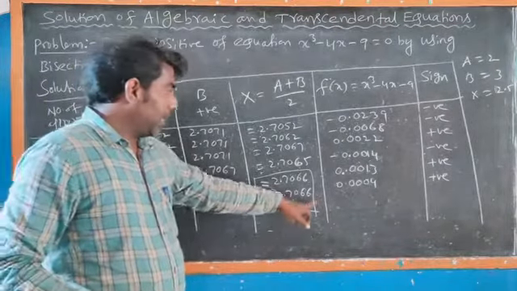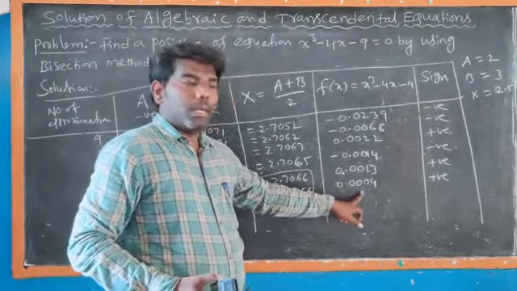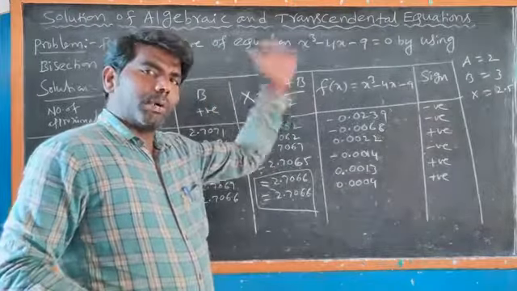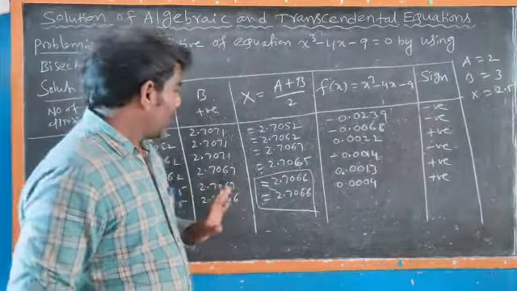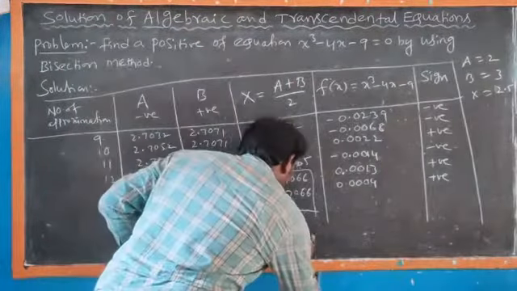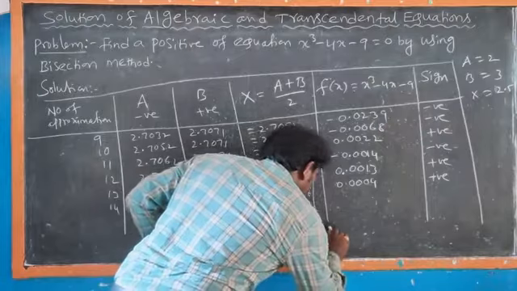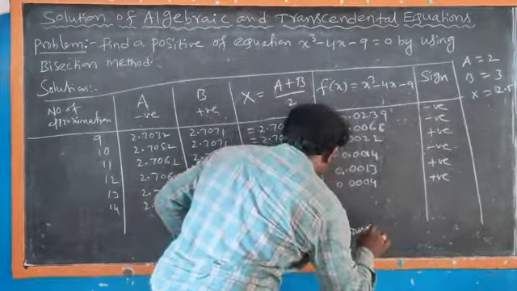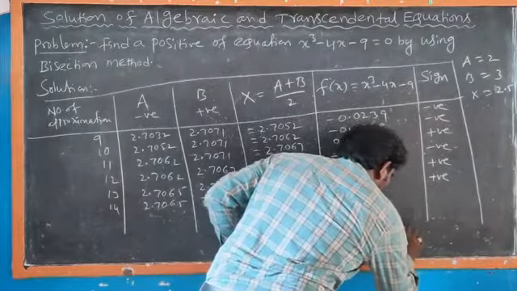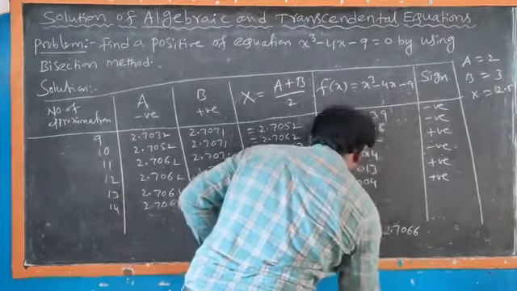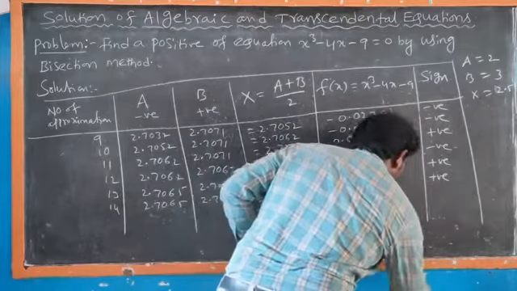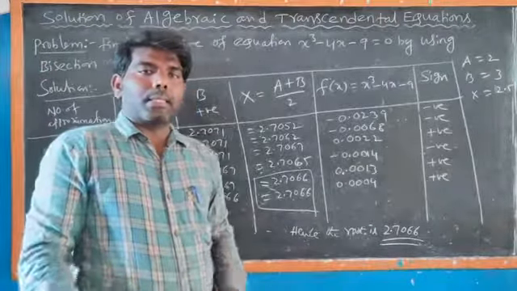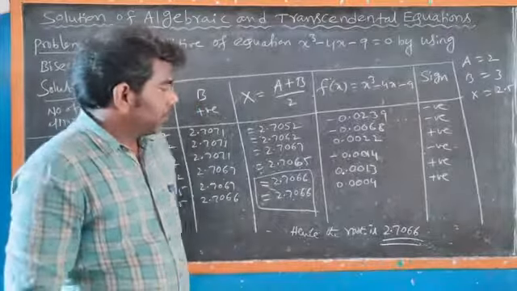Okay, here f of x is approximately 0, near to 0. Okay, so hence the root is 2.7066. Okay, right. Hence the root is 2.7066. Okay, right. Thank you.